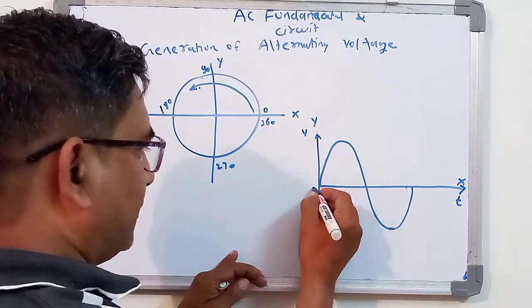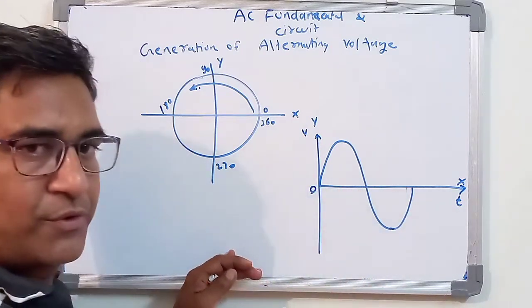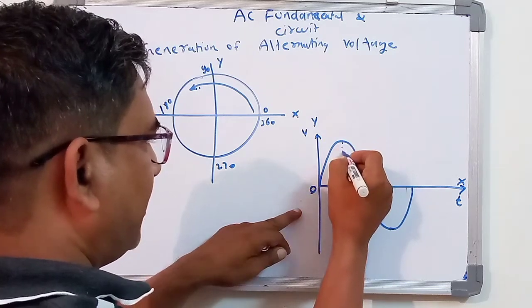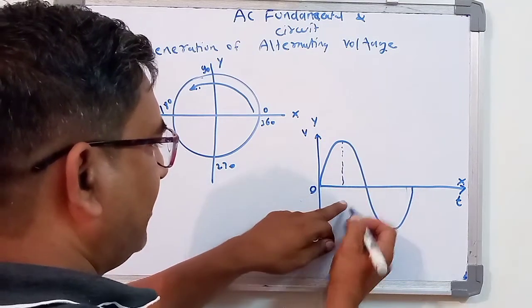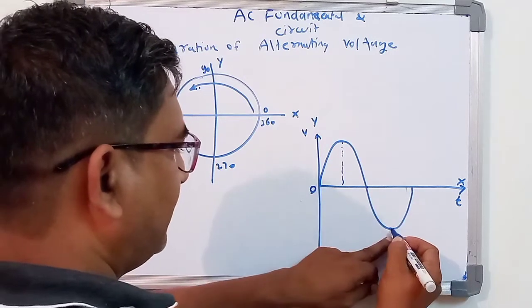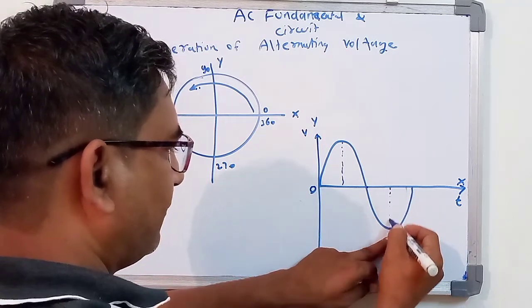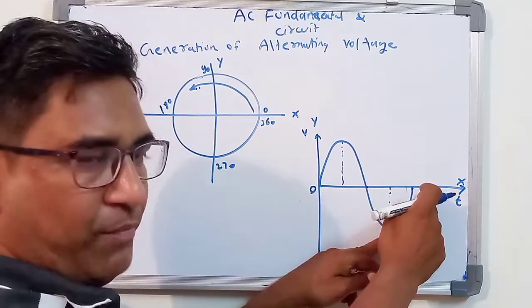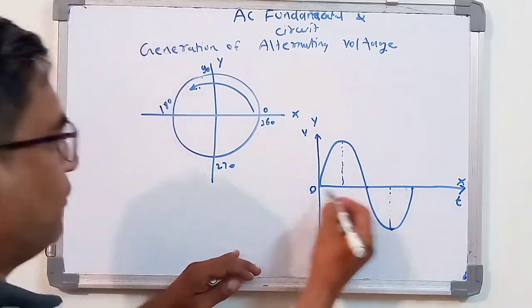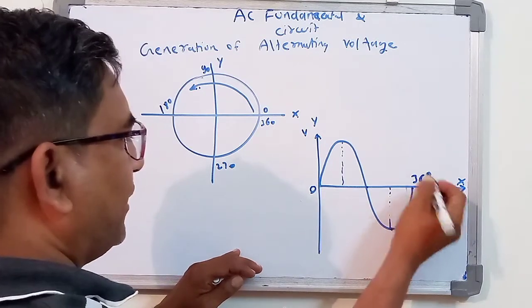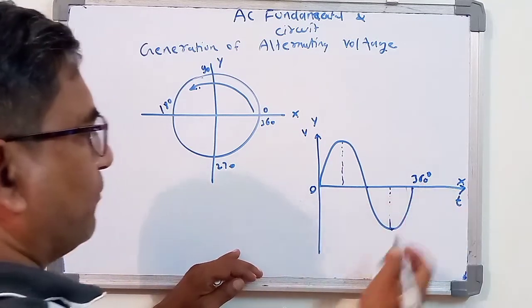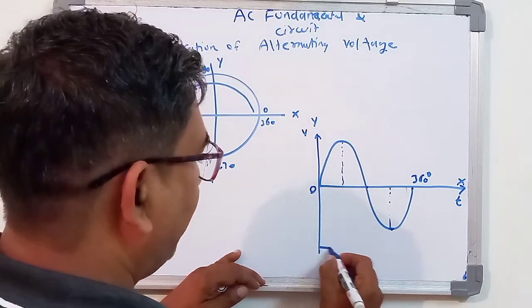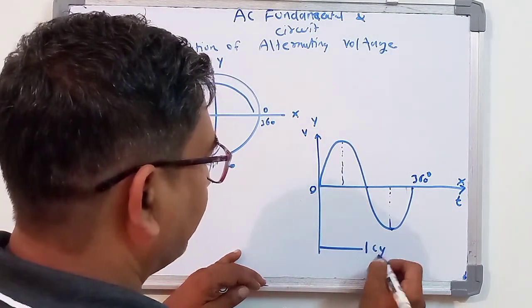Now starting from 0 degrees, if we cut this into a quarter part, then half part, then three-quarter part, and then 360, a total full path, then from 0 to 360 degrees this sine wave is called one cycle.